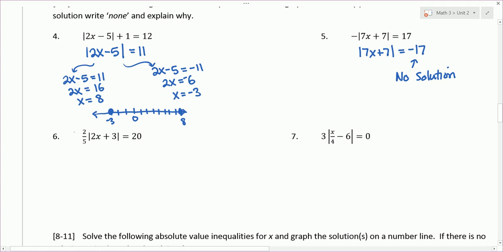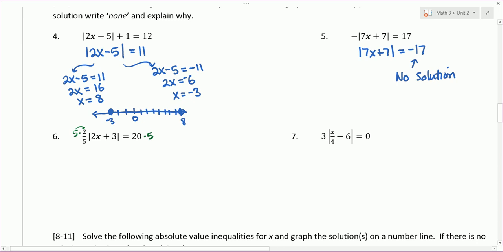If I multiply the right side by 5 and multiply the left side by 5, on the left hand side you're going to get 5 times 2 only. It only multiplies with the top part of that fraction, and then you're going to divide by 5.